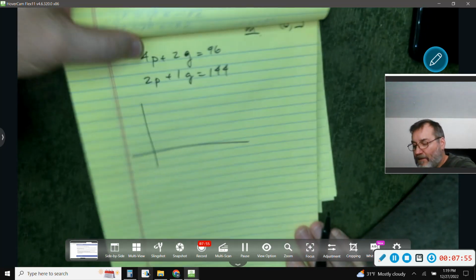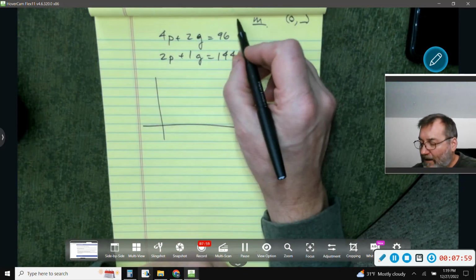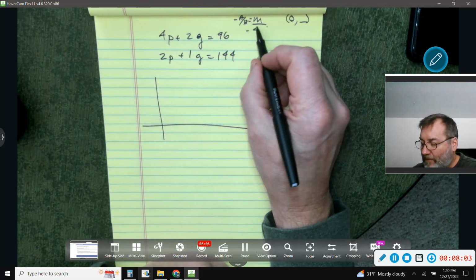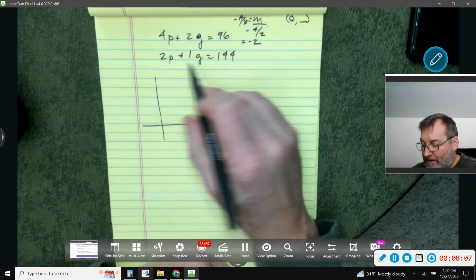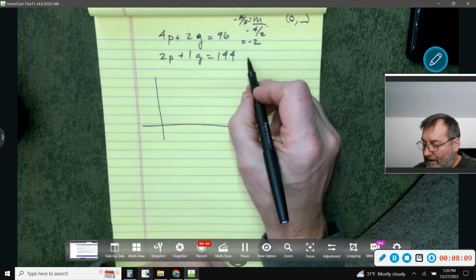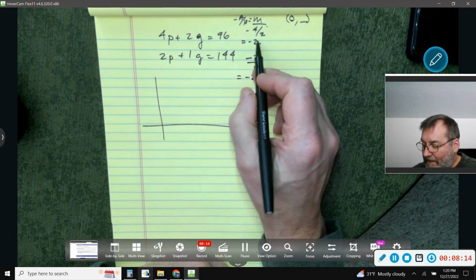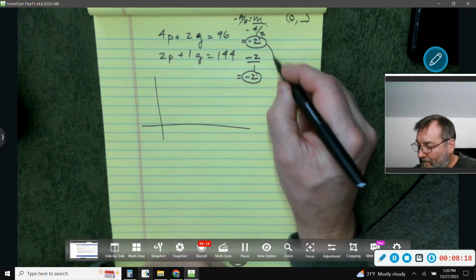The slope is going to be negative a divided by b. So that's negative 4 divided by 2, which is negative 2. What about this one? I get negative 2 divided by 1, which is negative 2. They both have the same slope, which means that they are parallel.